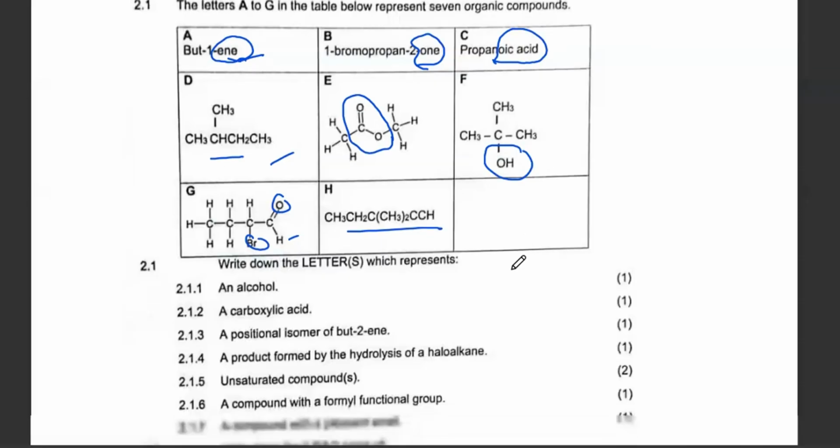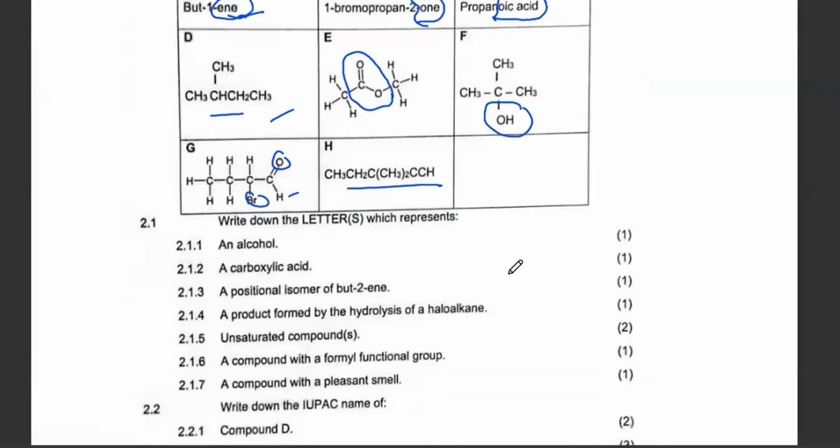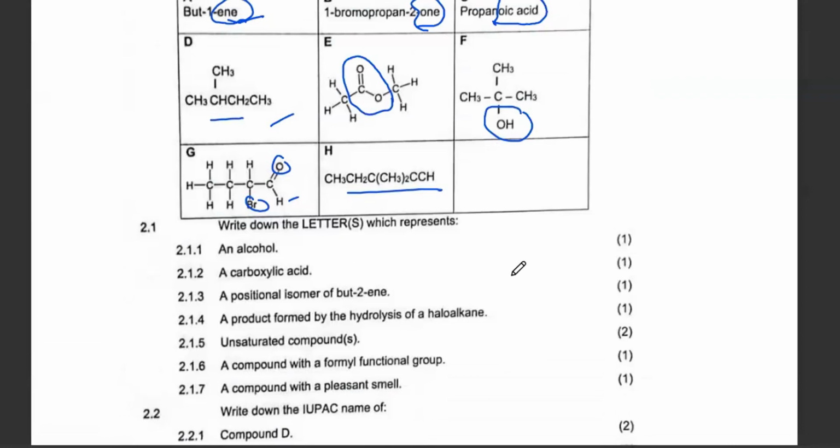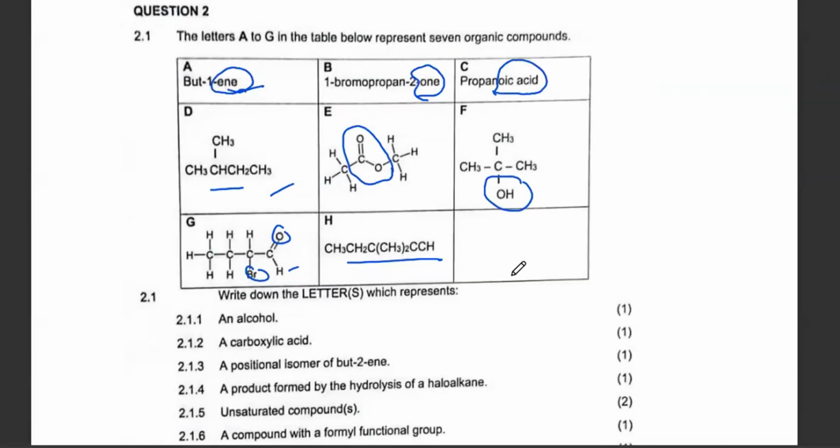All right, let's start. Write down the alcohol. So we need to look for alcohol. What is alcohol here? We said the functional group here is here. So it is F because of this. This is a tertiary alcohol. Carboxylic acid, oic acid. We said it here. So you see now it's simple for you because you have already identified the functional groups.